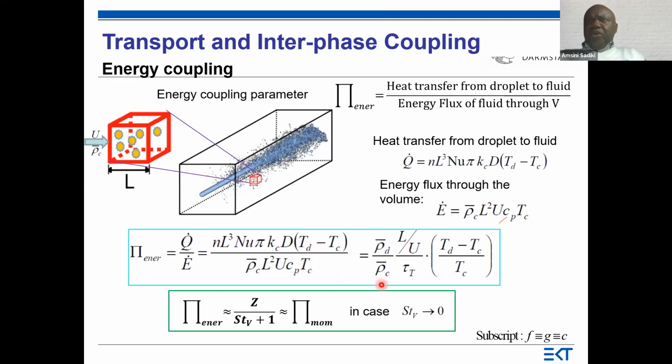And if we assume that this one is our concentration, which is proportional to Z, and this is our characteristic time of the flow field divided by the thermal characteristic time, this will give us the Stokes number based on the thermal characteristic time.